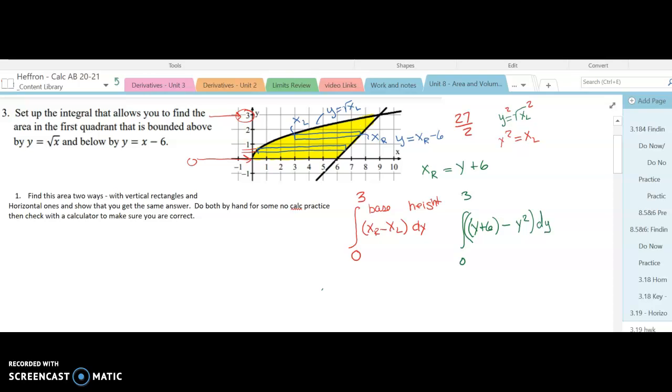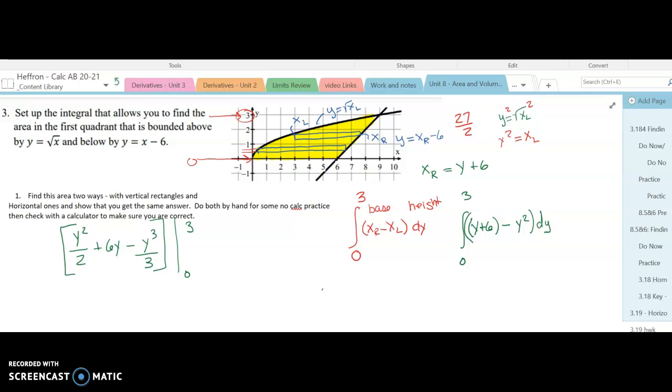Now we'll find some antiderivatives. Antiderivative of y is y squared over 2 plus 6y minus y cubed over 3. And we're going to evaluate this from 0 to 3.